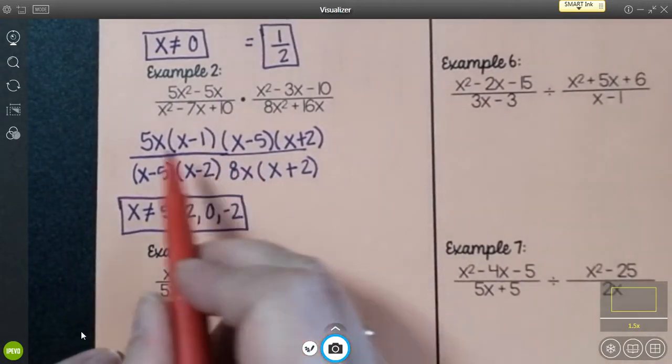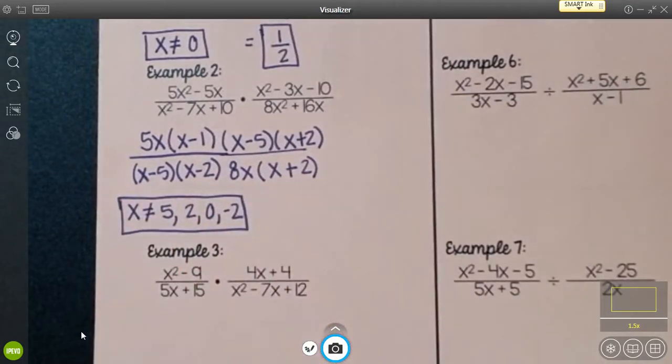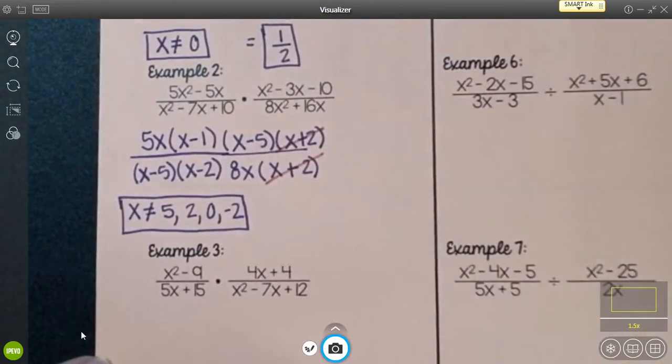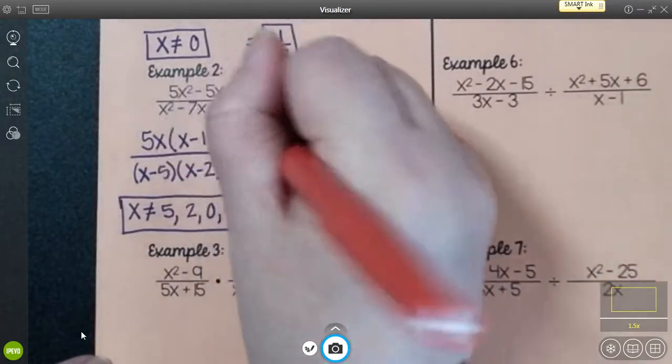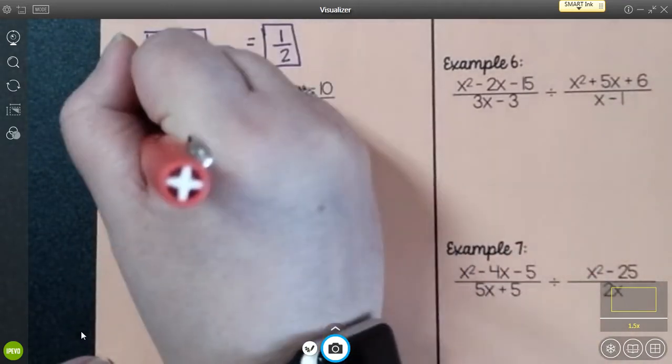Now, let's take a look at what's on top and take a look at what's on bottom and see if we have any common factors that we can cancel. X plus 2's we can cancel out. X minus 5's we can cancel out. Anything else? The x's.